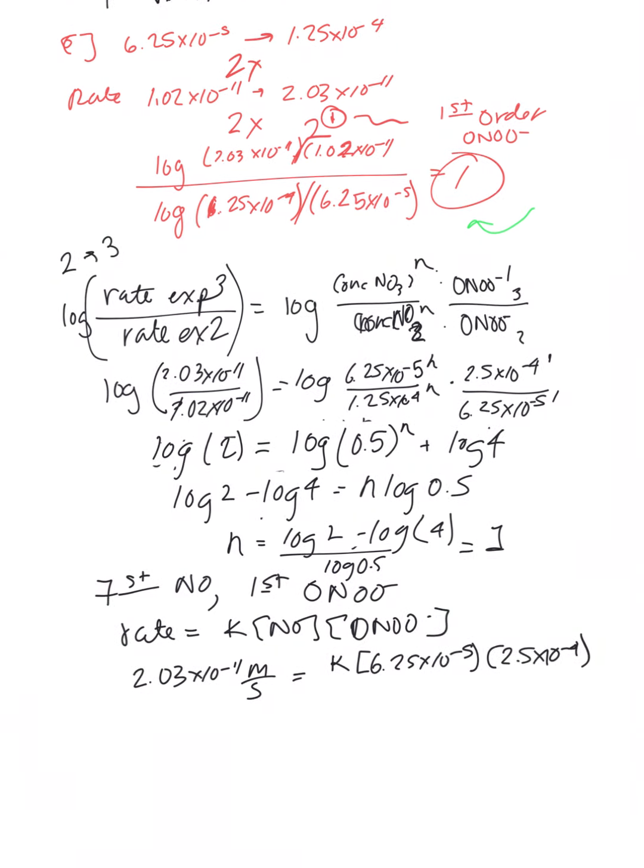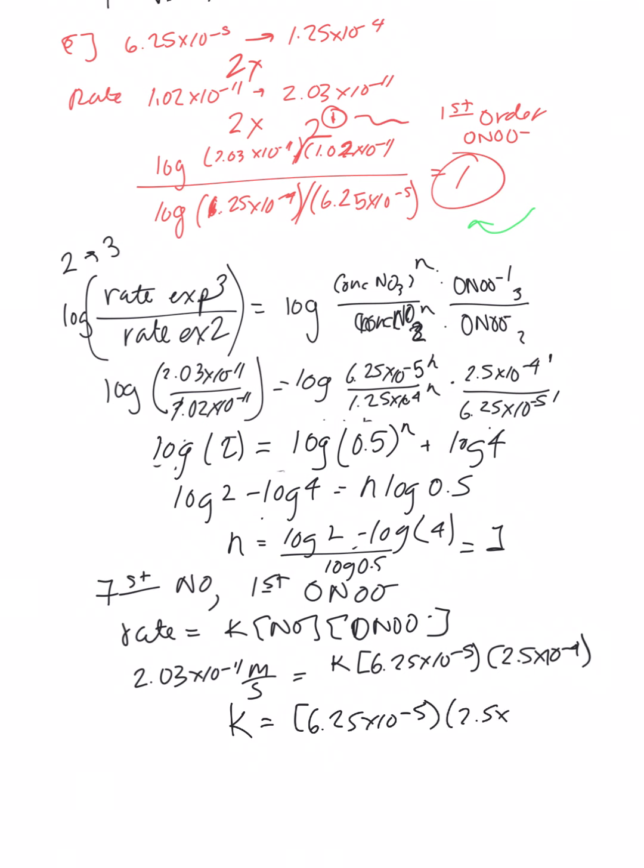To solve for k, we divide 2.03 times 10 to the negative 11 by this product. All right, so we pause and calculate.